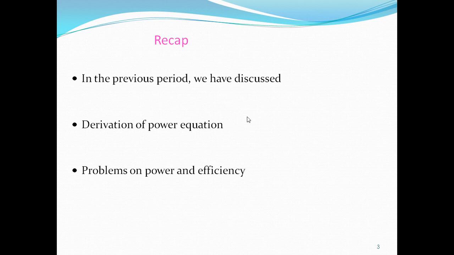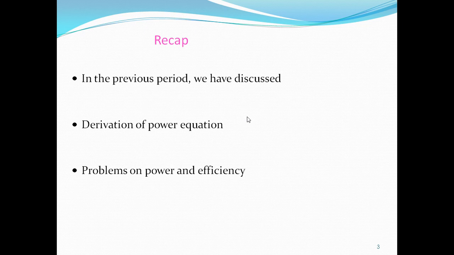So at alpha equal to 90 degrees, we calculated the maximum power. From this maximum power divided by 2 pi Ns, where Ns is the synchronous speed.